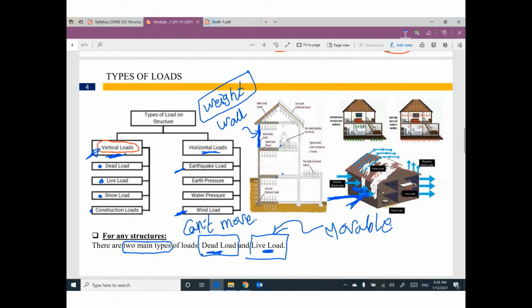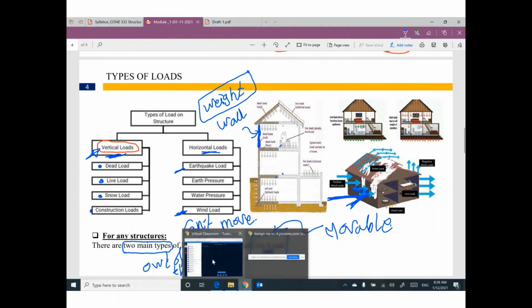Dead load most of the time is the own weight of the building. Weight of the floor, weight of the walls, weight of the covering, everything around yourself in the building is dead load. We cannot move this load. Any question regarding this point?